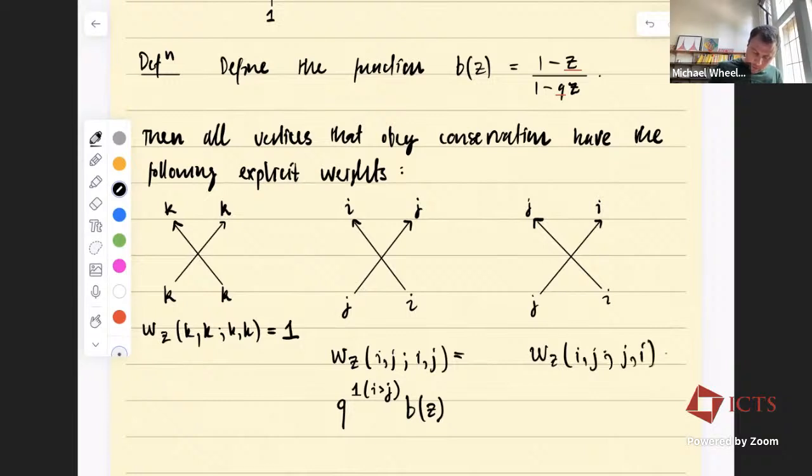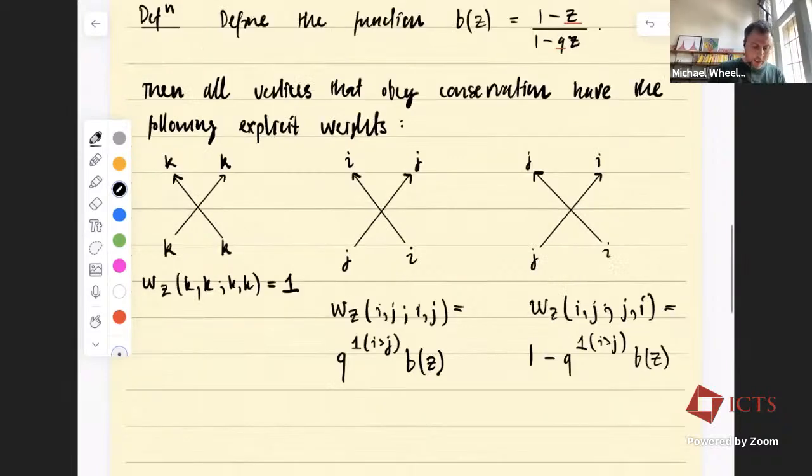And we'll define this thing to be (1 minus q to the indicator that i is greater than j) times b of z. Okay, and I haven't actually told you what the z is here. I kind of hinted at it before. I'm identifying z here with y over x. So all of these weights just depend on the ratio of those two spectral parameters, x and y.